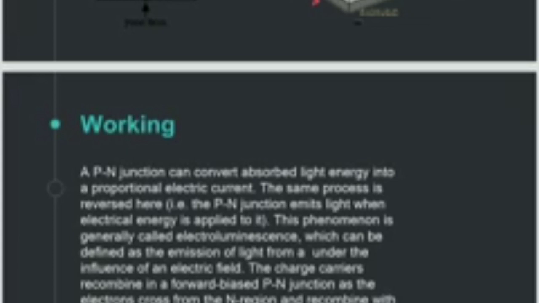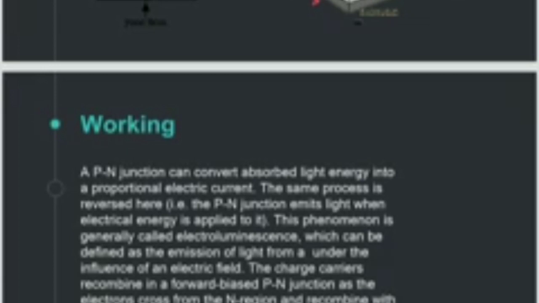In the working of an LED, a PN junction can convert absorbed light energy into a proportional electric current. The same process is reversed here, that is, the PN junction emits light when electrical energy is applied to it. This phenomenon is generally called electroluminescence, which can be defined as the emission of light under the influence of an electric field. The charge carriers, electrons, cross the N region and recombine with the holes existing in the P region.